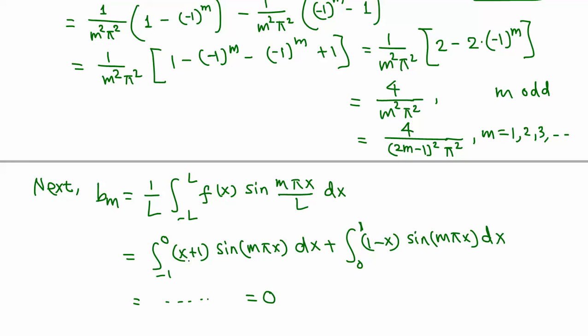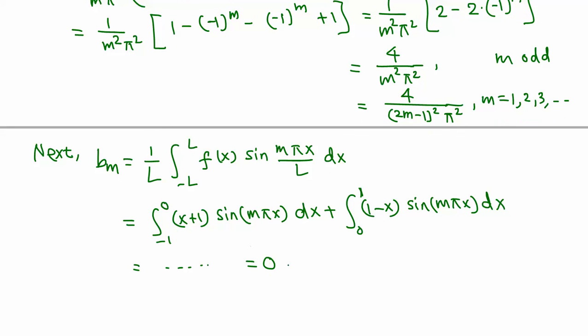Now we can do the integration by parts, similar to the previous step, or you can distribute x, 1, negative x, and use the properties of even and odd functions. But at the end of the day, this is 0 for all m = 1, 2, 3, 4, etc.